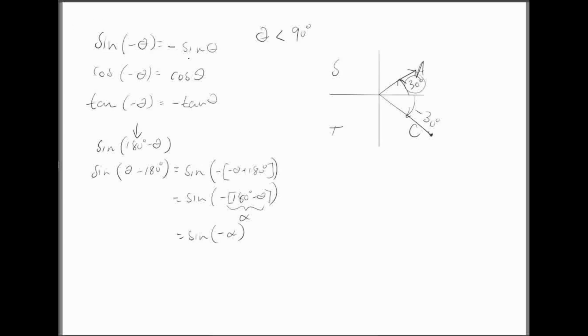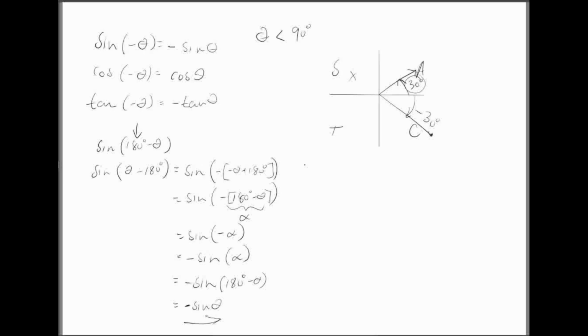Sine of a negative angle reduces to minus sine of that angle, but we didn't actually have an alpha, so let's just go back and say it's minus sine of our 180 degrees minus theta. 180 minus, we should know that that's in this quadrant over here, so that is going to be positive. So this negative is still here, and this part reduces to positive sine of theta. So there's my reduction.